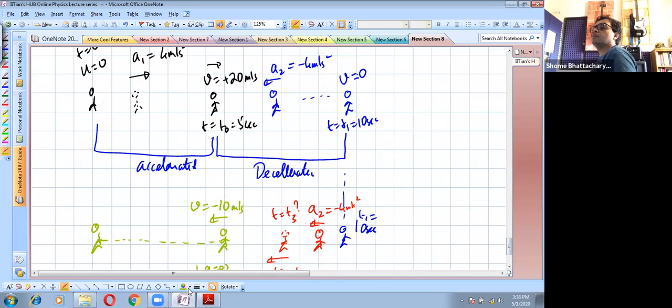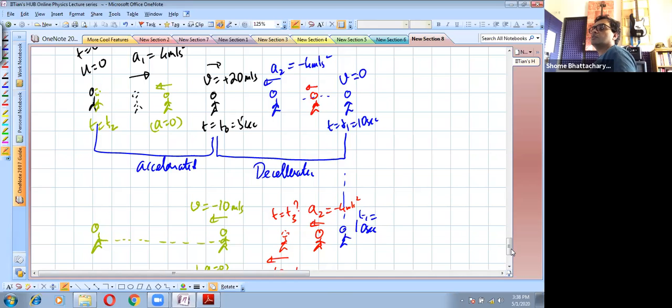He's going up to here, then he's having a decelerated motion, then he's coming backwards with an acceleration, and then finally the last part of the motion is with constant velocity, when the acceleration is 0. He comes back to where he started at time t2, which is what we have to calculate.